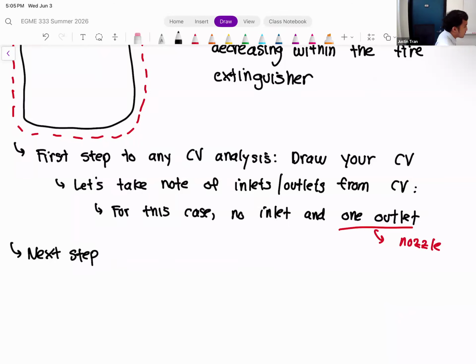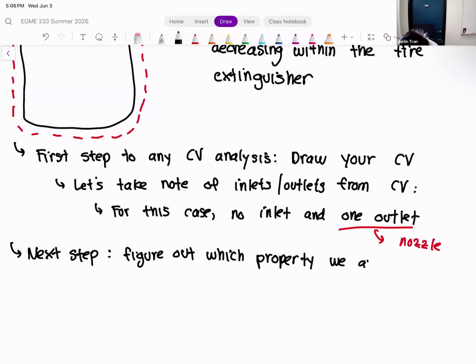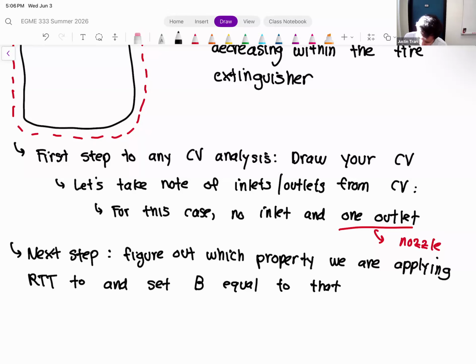The next step in the analysis process is to first figure out what our extensive quantity is going to be, and then plug that into our Reynolds transport theorem, because that's going to define whatever quantity for B that we're plugging in.